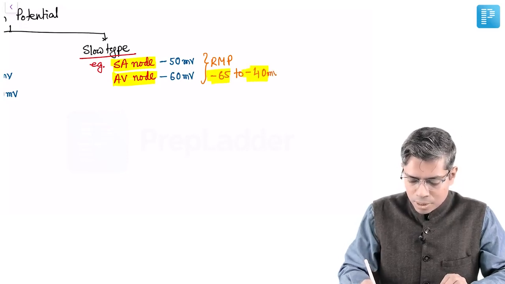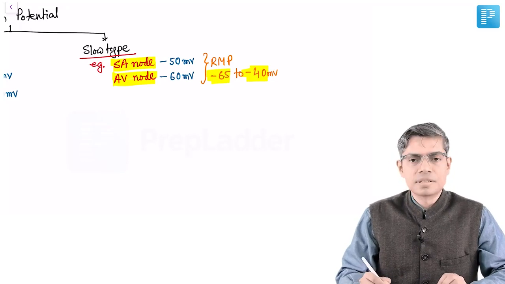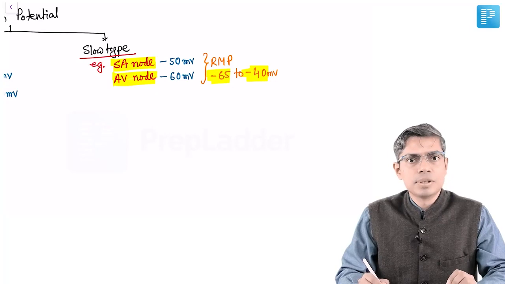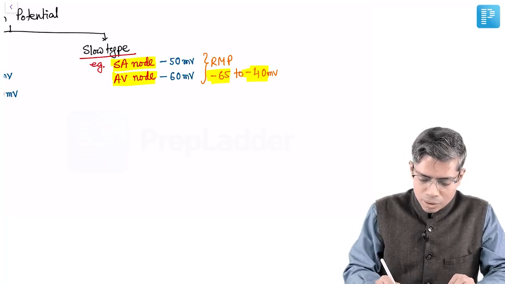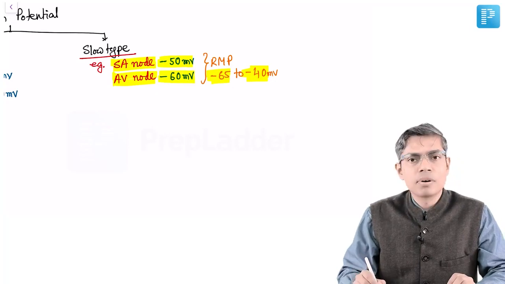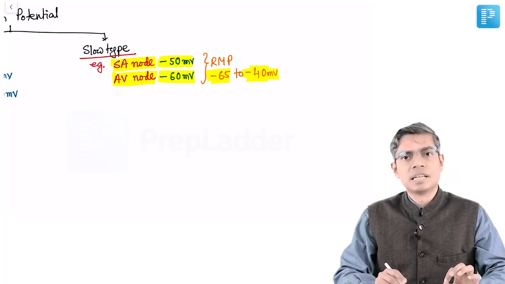It's not a fixed value, but sometimes in our exam system they ask you to give an exact value of SA nodal RMP and AV nodal RMP. In those cases, you are going to mark minus 50 millivolt for SA node and minus 60 millivolt for AV node, but actually it is a range.